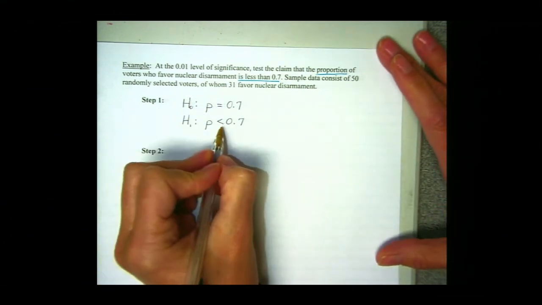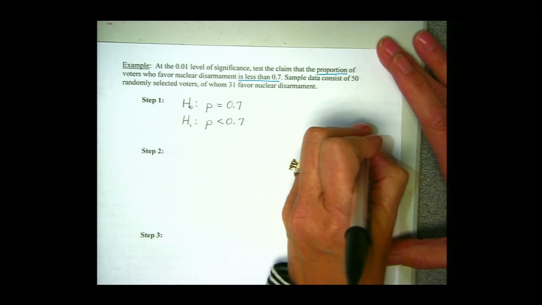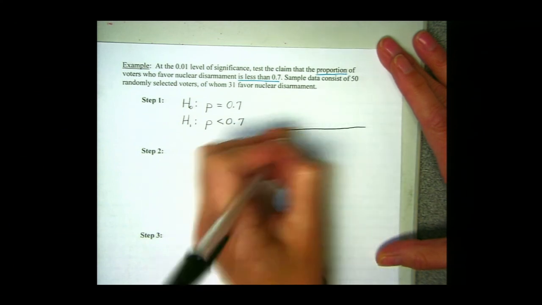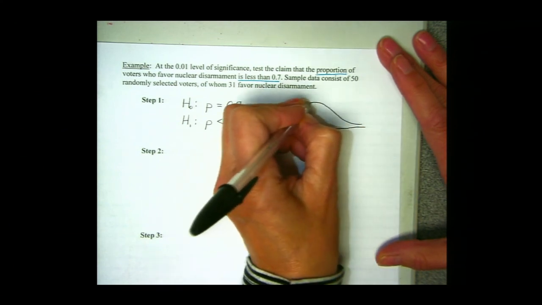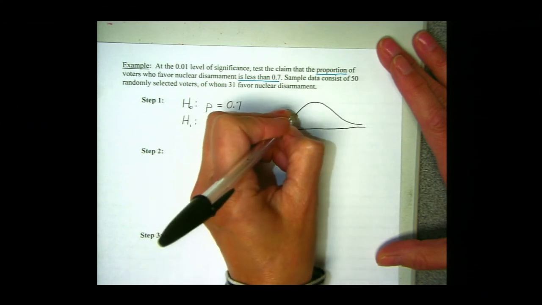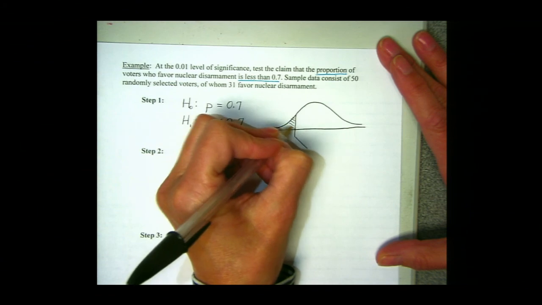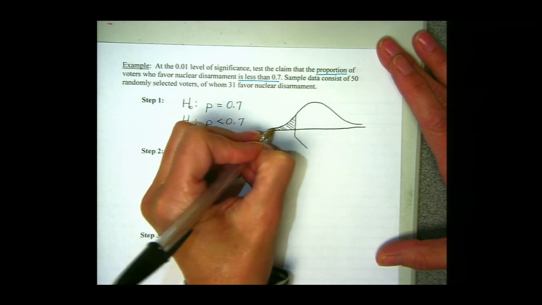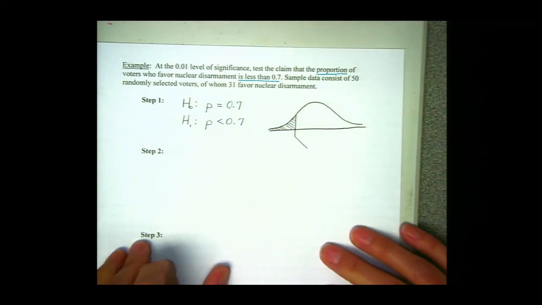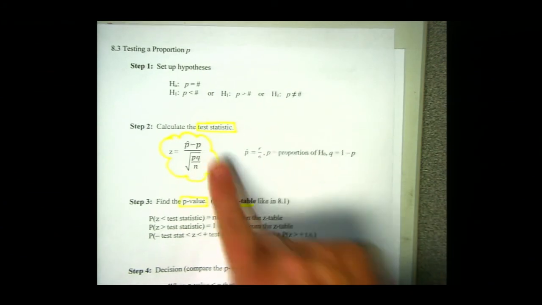All right, so since this is a less than, then I know that we have a left-tailed z, such as this. All right, so step 2 is your test statistic.